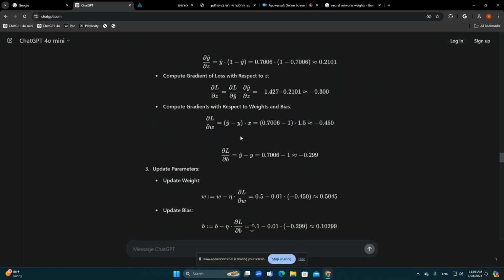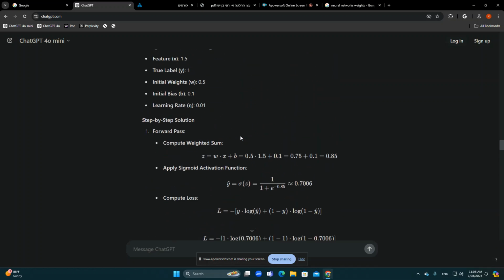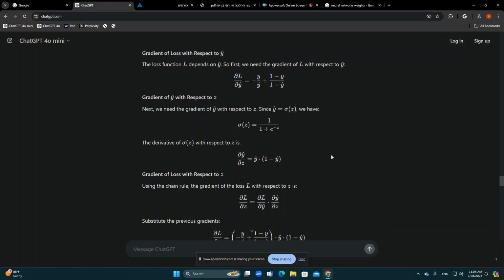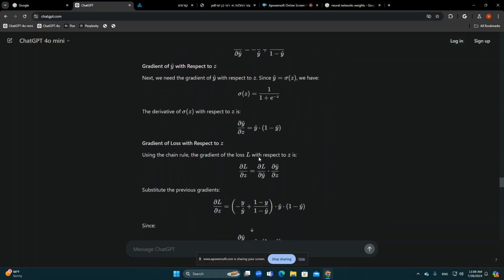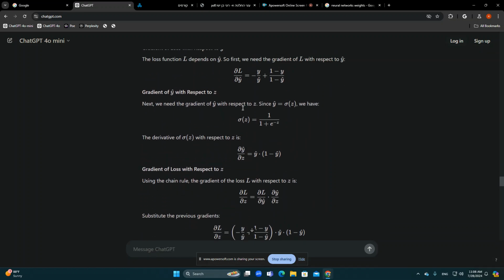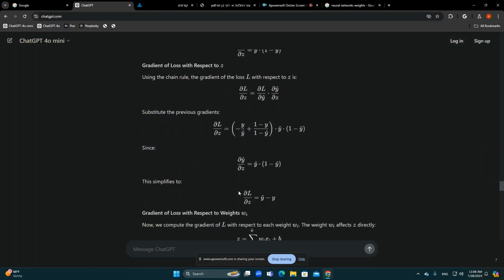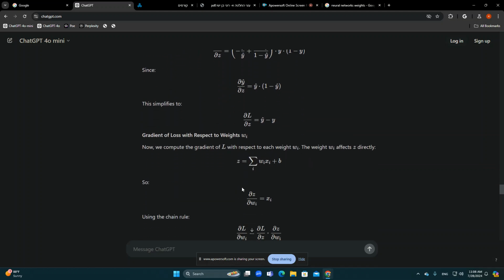Very easy. Let's go back. So we took the derivative of y hat with respect to z, the sigmoid function, after we took the derivative of L with respect to y hat.